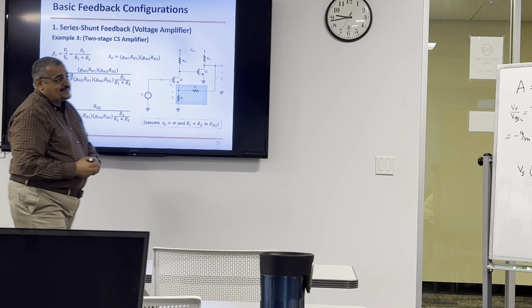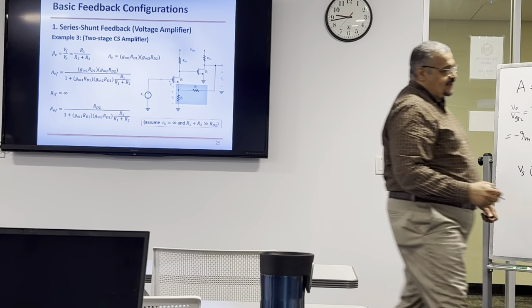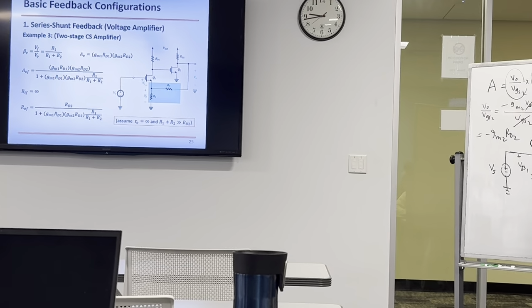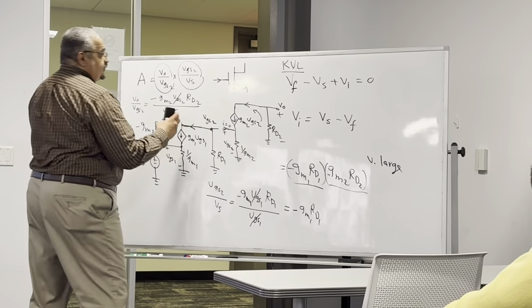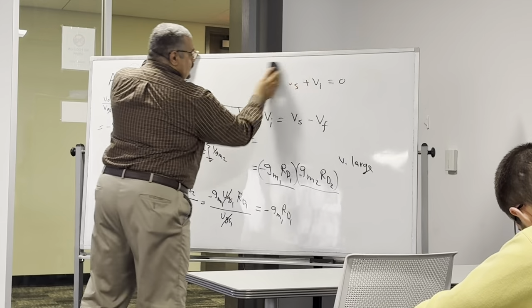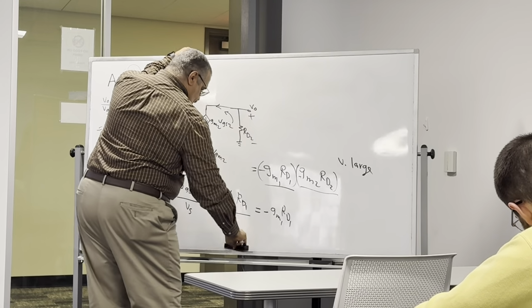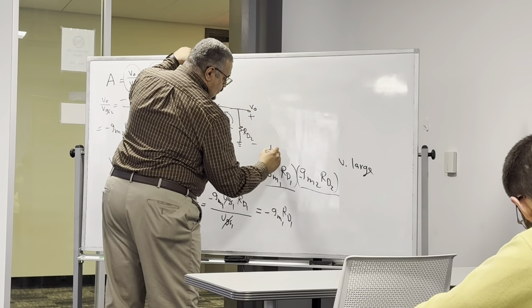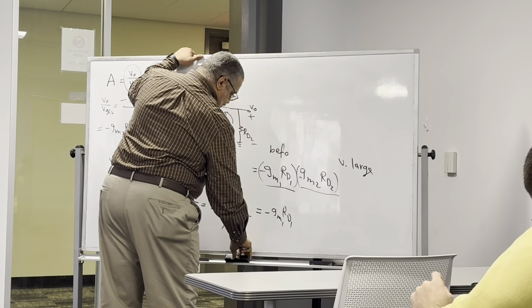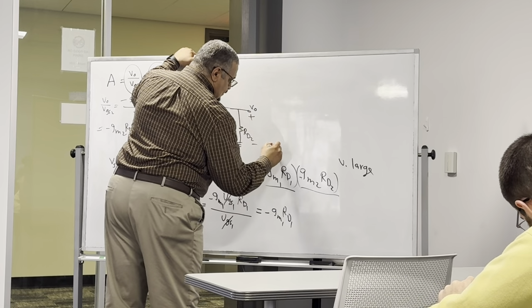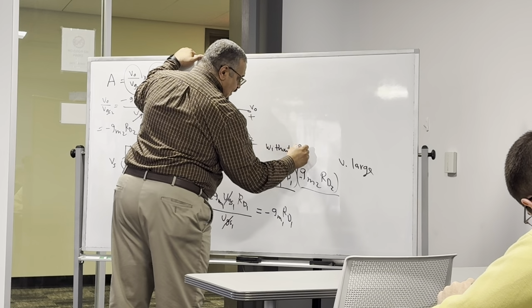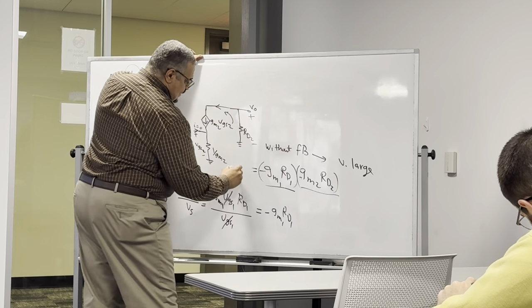So you reduce this gain. Instead of having this very large gain, after feedback, this is before, or without feedback, the gain is this, AV.